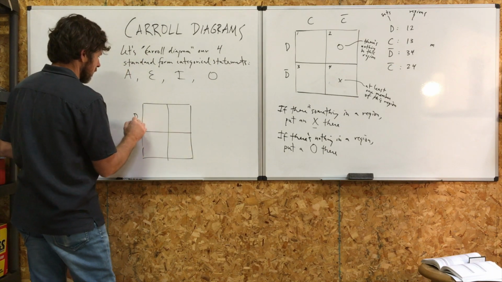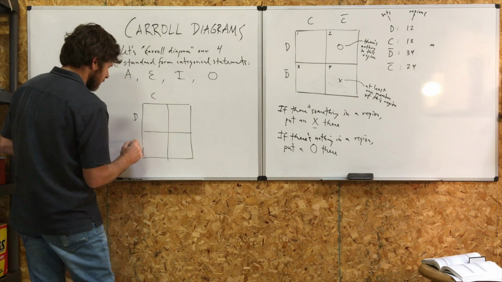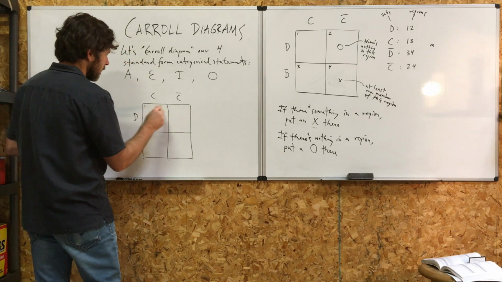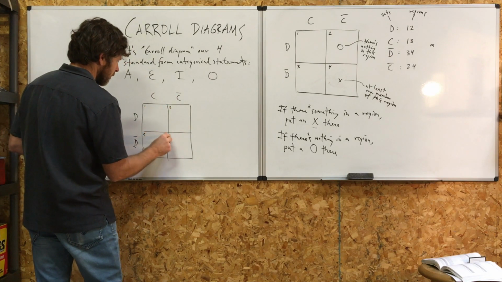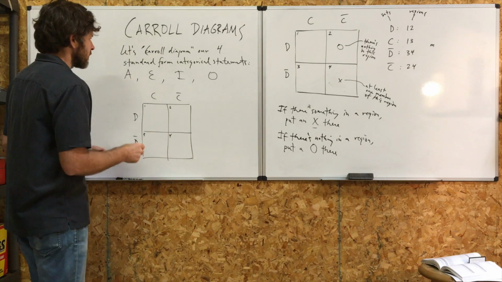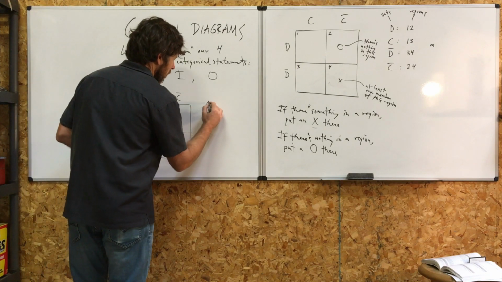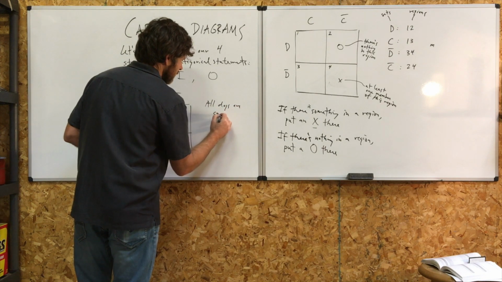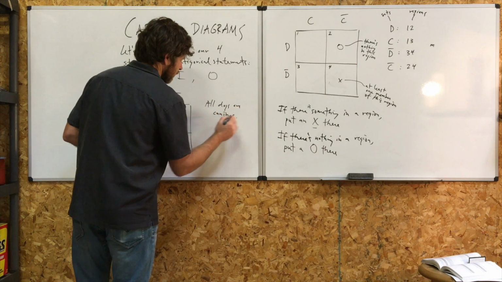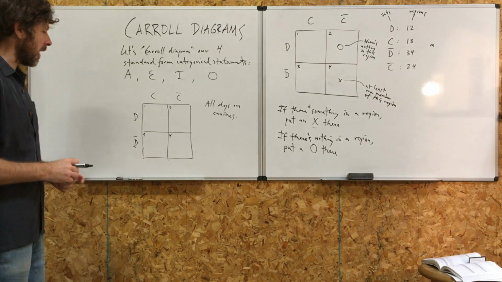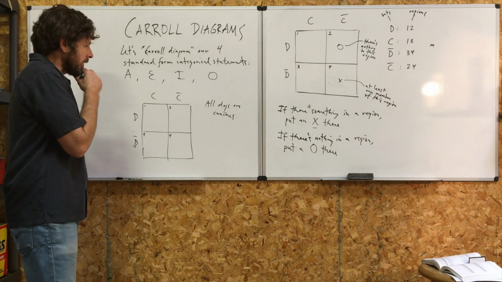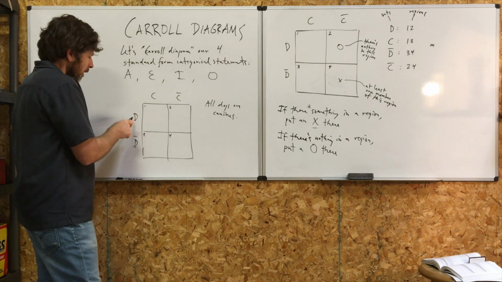So let's again talk about dogs and canines. I'm setting the diagram up here. Regions 1, 2, 3, and 4. If I want to say all dogs are canines, then remember what that is.